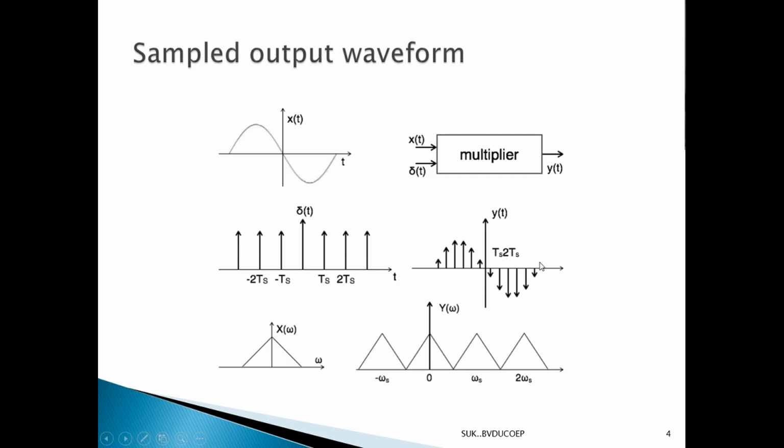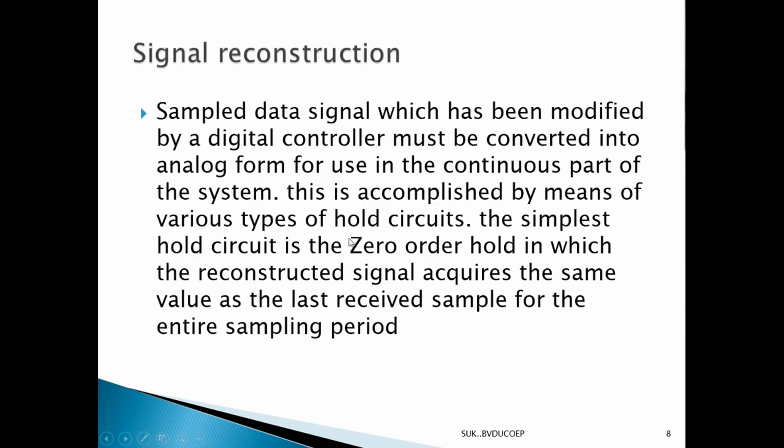We have to convert it again into a continuous time output, that is signal reconstruction. So the sampled data signal which has been modified by a digital controller must be converted into analog form for use in the continuous part of the system.